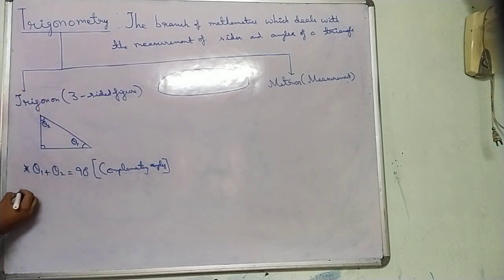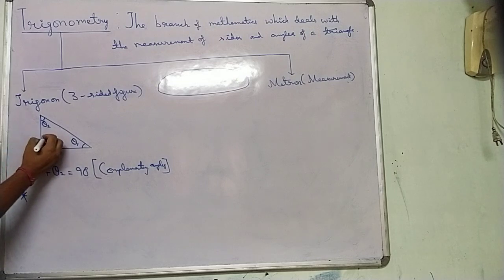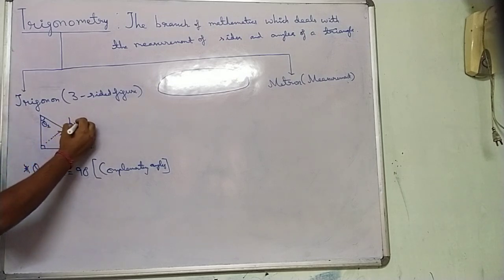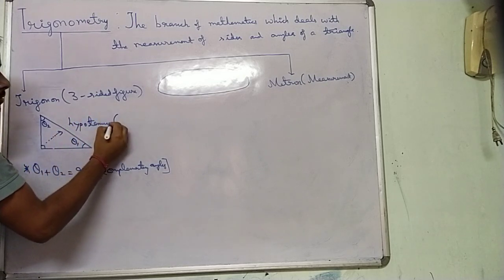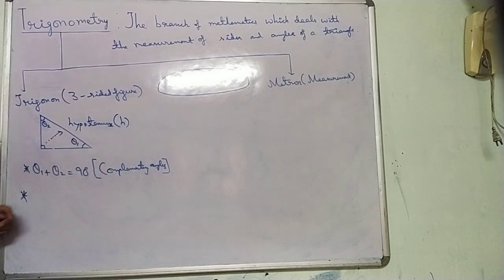Okay, next, number 2. We have three sides. In a right angle triangle, the side opposite to 90 degrees is termed the hypotenuse, which is denoted with small h, and this is the longest side of all the three sides of a right angle triangle.